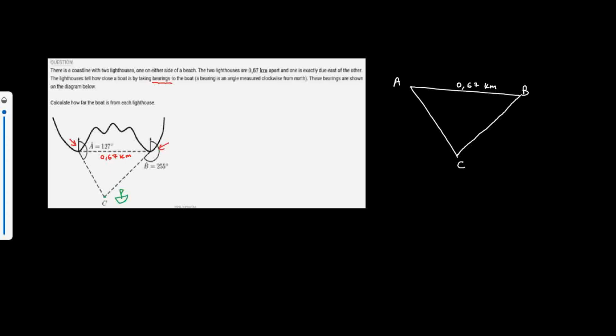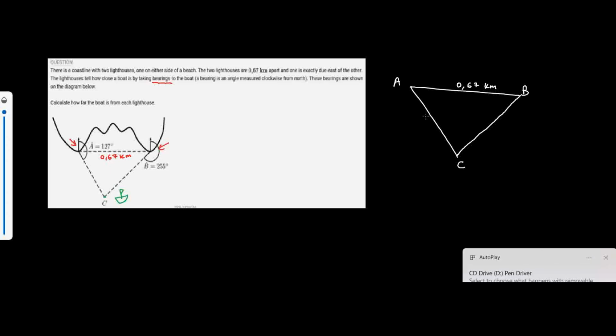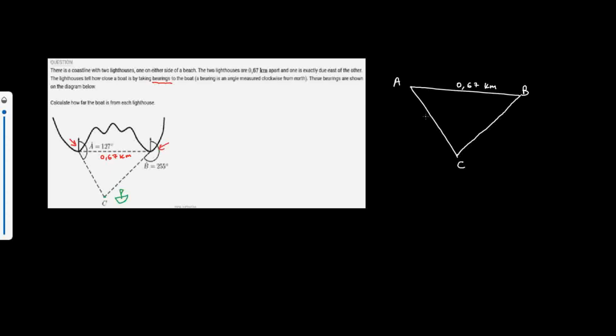I think this pen of mine just stopped working. Come on. There we are. What is this angle A? As we can see, this entire angle is 127 degrees.